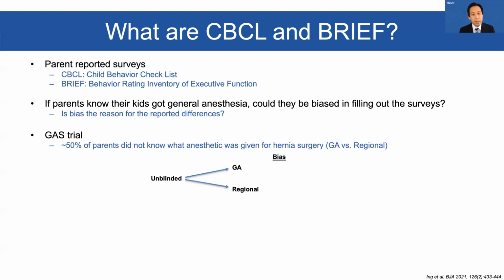And if there was bias involved, then those parents would likely rate the GA exposed children as having higher or worse scores, and the regional children as having lower or better scores. For the blinded parents, they had no idea what their children received. So if it was bias that was driving this effect, then in the blinded parents, they should report no difference in GA or regional.